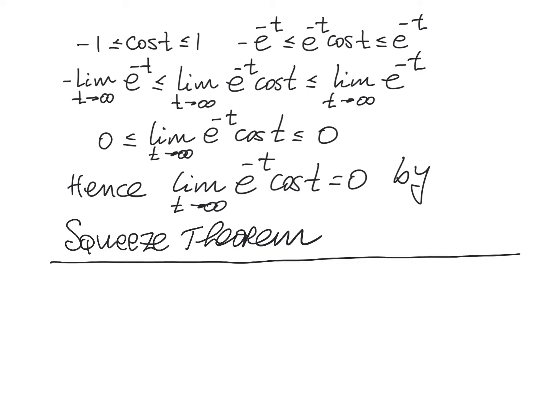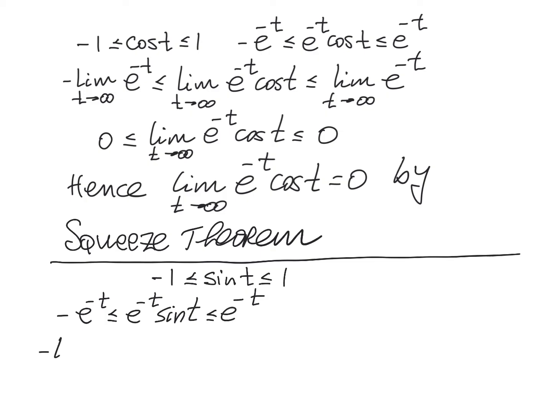We start out with sine of t. Sine of t is between 1 and minus 1. Multiply everything by e to the negative t. The inequality is preserved because e to the negative t is always positive. Take the limit of all three parts as t approaches infinity. Notice that the left limit and the right limit is 0.